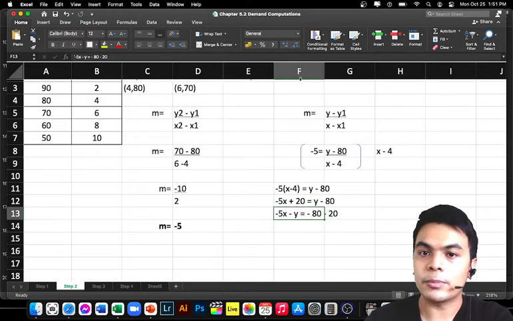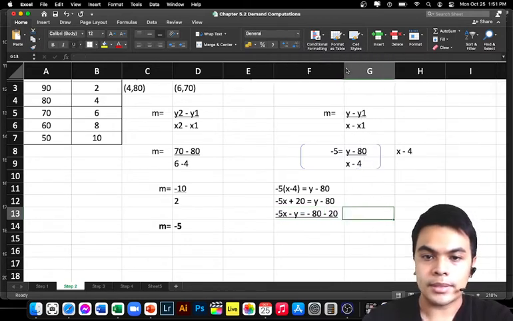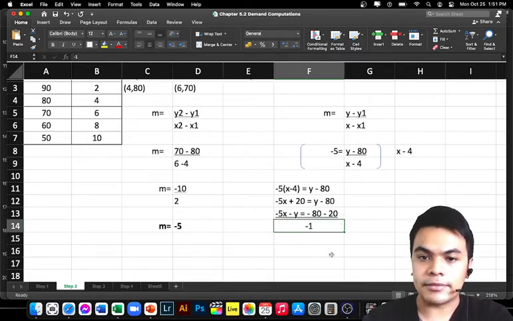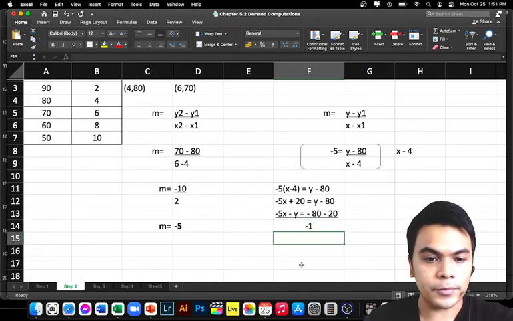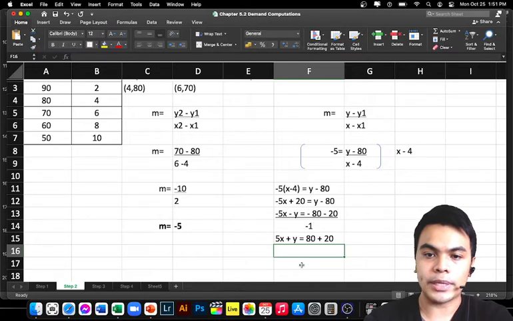So what we can do in this equation is divide the whole equation by negative 1. Bakit natin siya i-divide by negative 1? So we can cancel all these negative values. So what happens? We have now 5x plus y is equal to 80 plus 20.